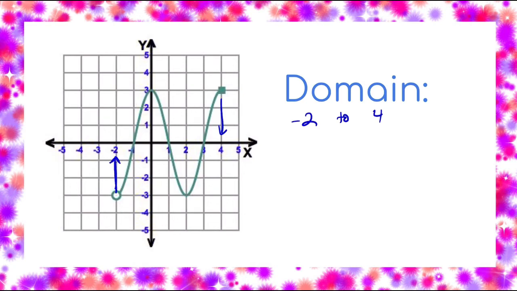It's open, so I'm going to make sure that I note that that circle would be open. And for 4, open or closed? Well, it's closed. So when I write my domain, I'm going to do -2, x, and 4. And my symbols are going to have to match my open and my closed notation. So remember, open means no line underneath, and then closed means that there is a line.